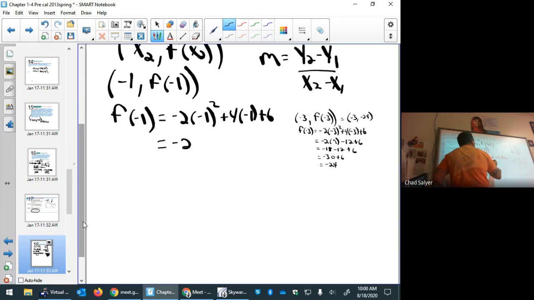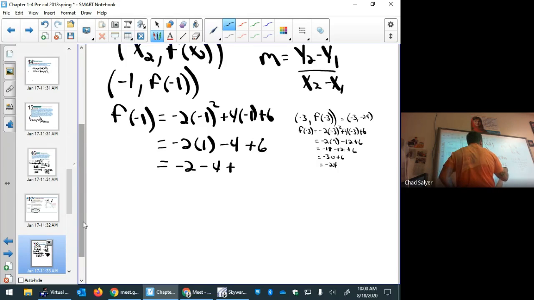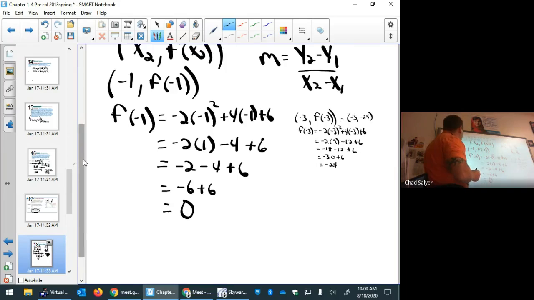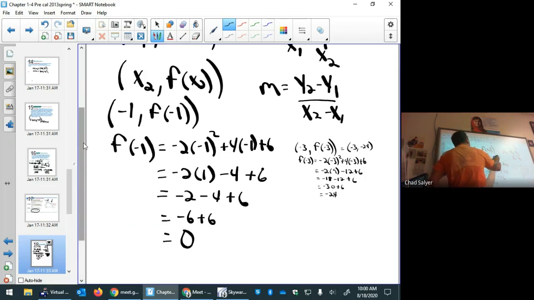So that's negative 2 times positive 1. Again, minus 4 plus 6. So negative 2 minus 4 plus 6. Negative 6 plus 6, or 0. So this point is going to equal negative 1 comma 0.